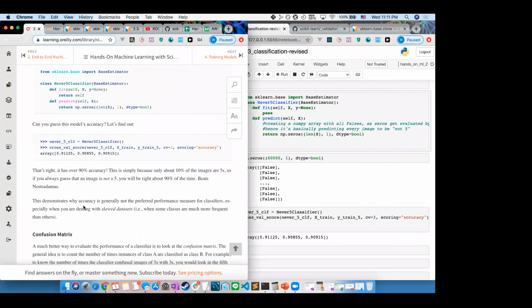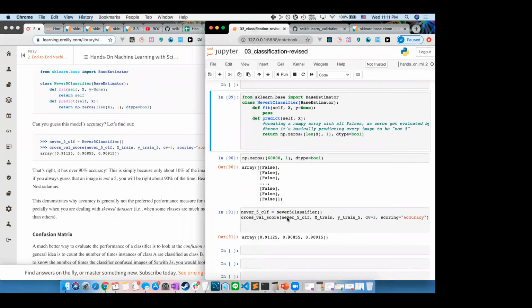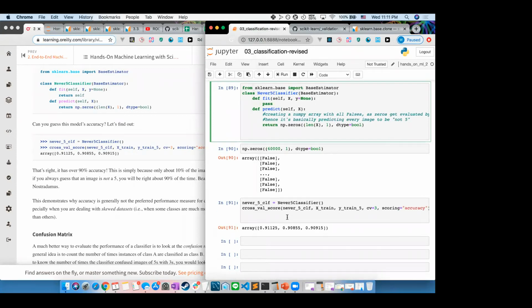And so this comes back to the skewed data set problem. This demonstrates why accuracy is generally not the preferred performance measure for a classifier, especially when you're dealing with skewed data sets. Anyone want to add to this in terms of how people in practice balance the data sets?